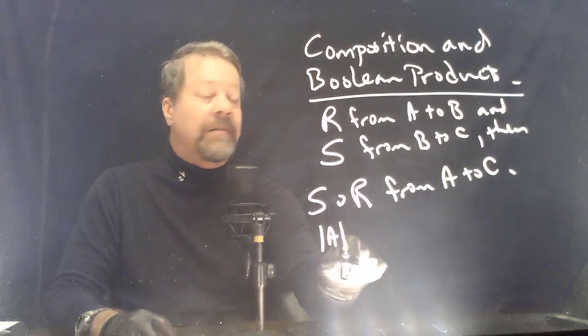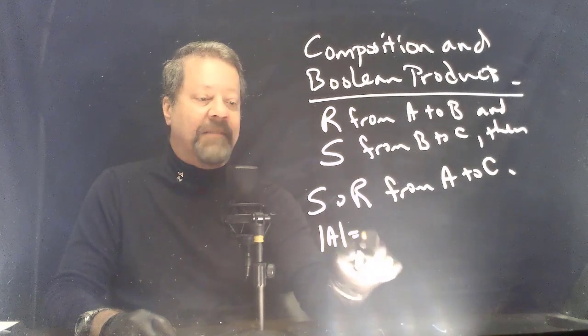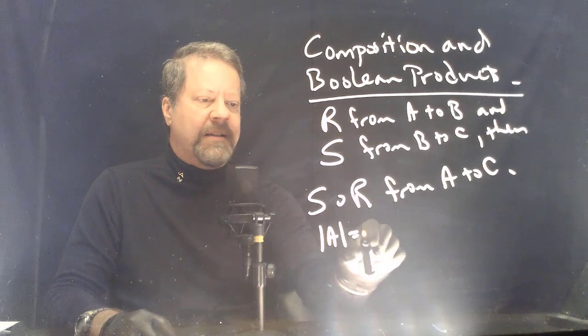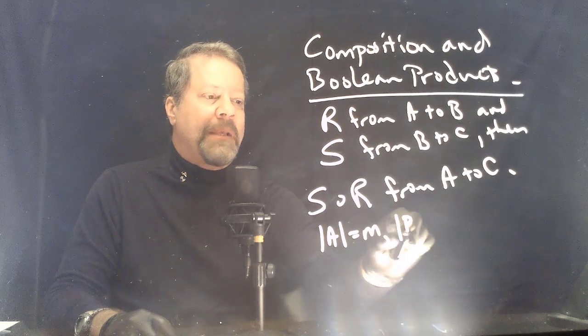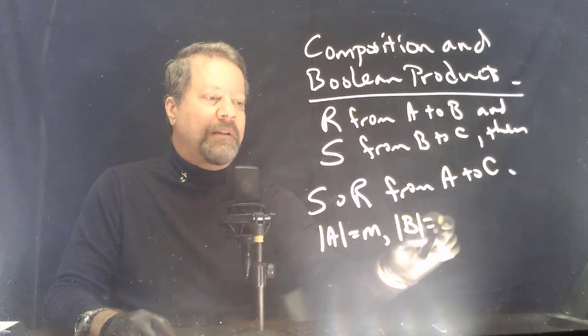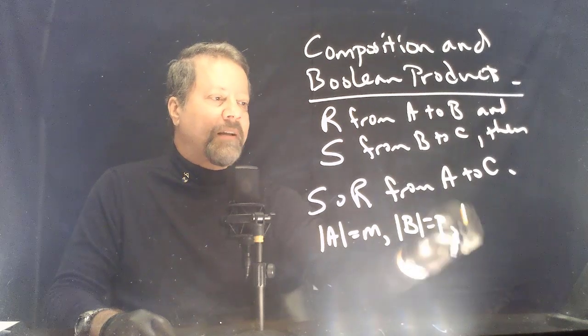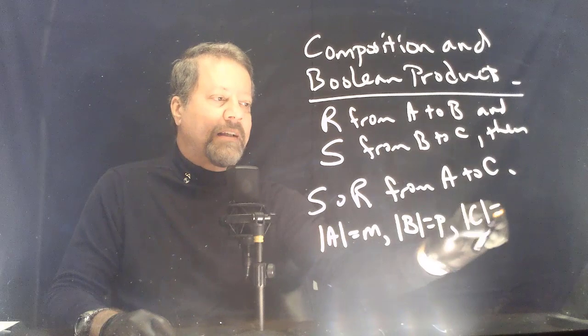Suppose the cardinality of A is, let's say, m. The cardinality of B is p, and the cardinality of C is n.